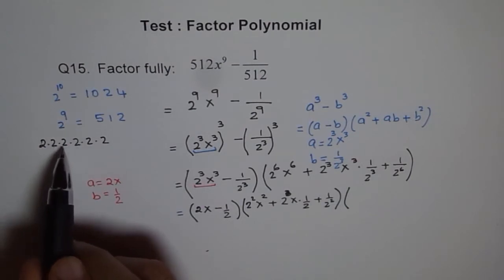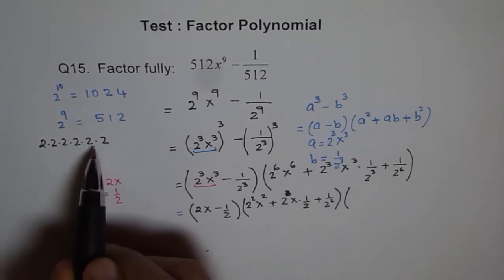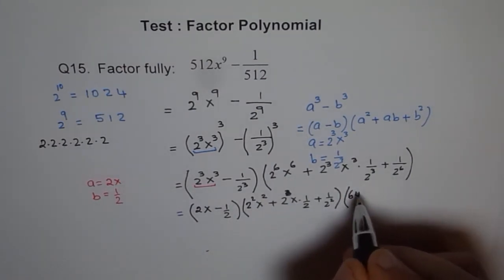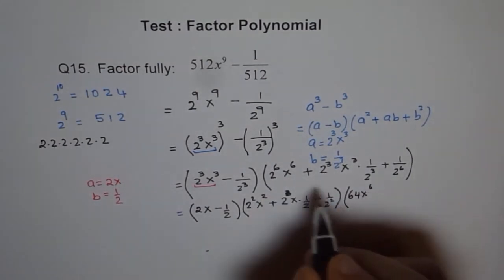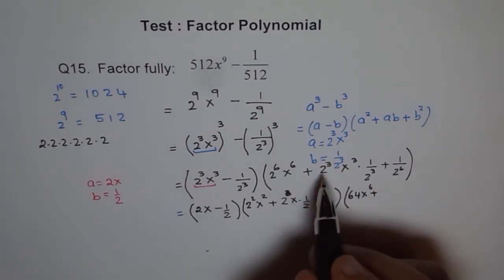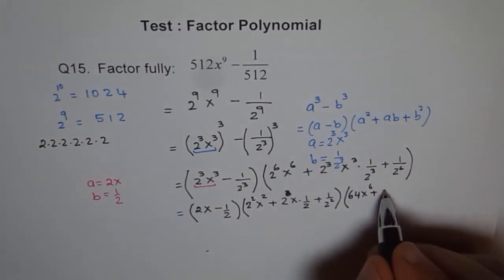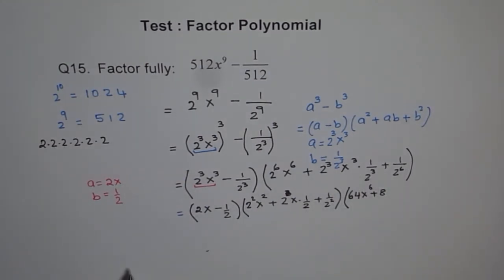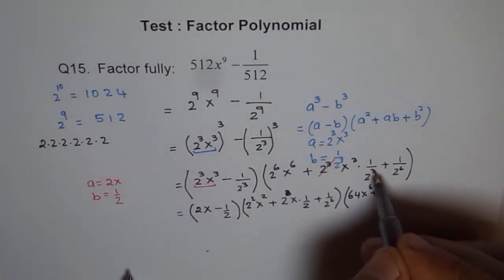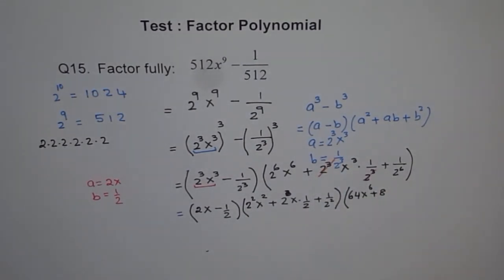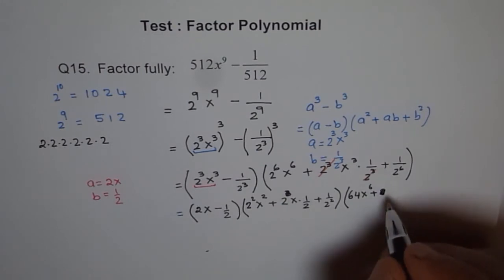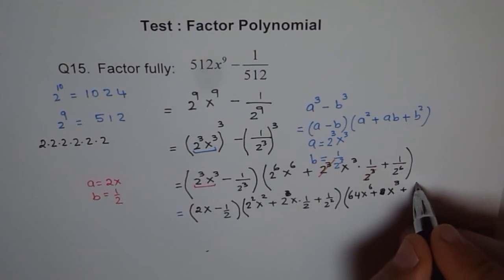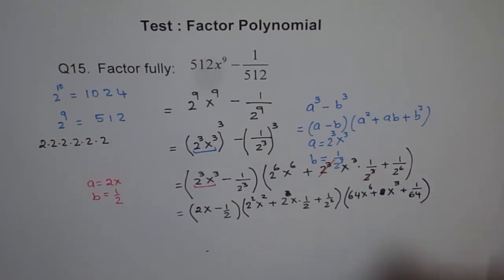So we can write this as 64 x to the power of 6 plus, this is 8, right? 8x, okay, this will cancel. Do you see that part? 2 cube and this 2 cube will cancel, right? So here we are left with only x cube. So I'll write x cube here plus 1 over 64. Is that okay?